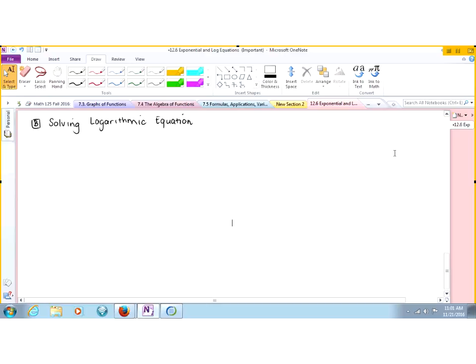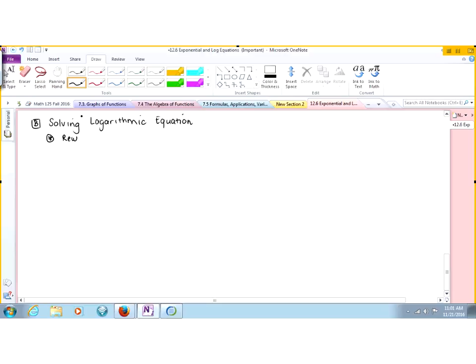Let's see. Okay. Now, if you have log equations, we could use exponential or log cancellation property. So there are two things that we could do.